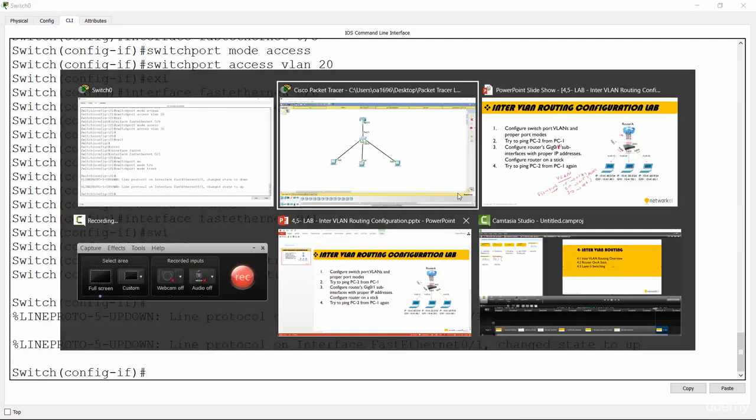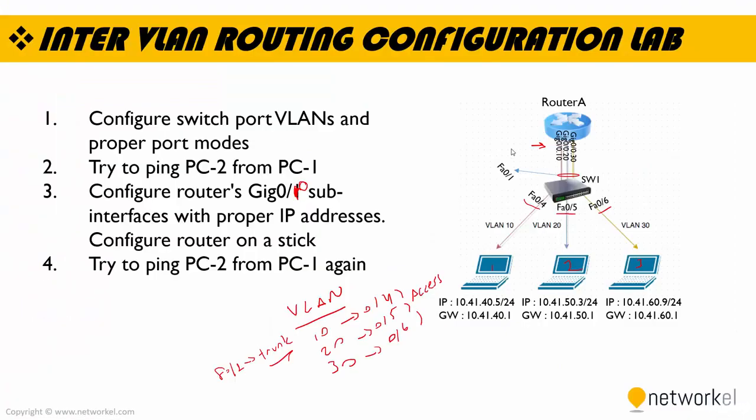Alright, I think we accomplished the first step, but I need to double check it: configure switch port VLANs and proper port modes. I made 0/1 a trunk, I created these VLANs and attached these ports as access ports to these VLANs.